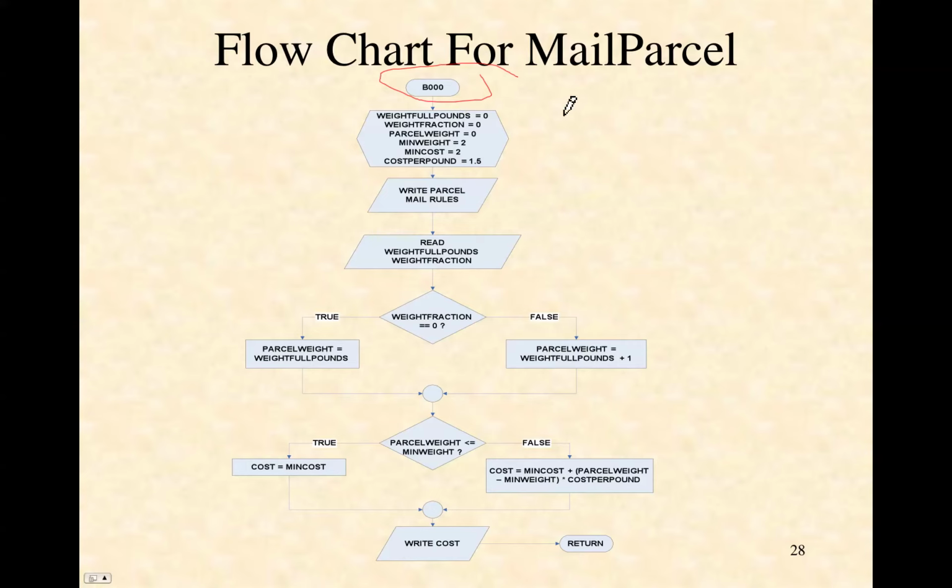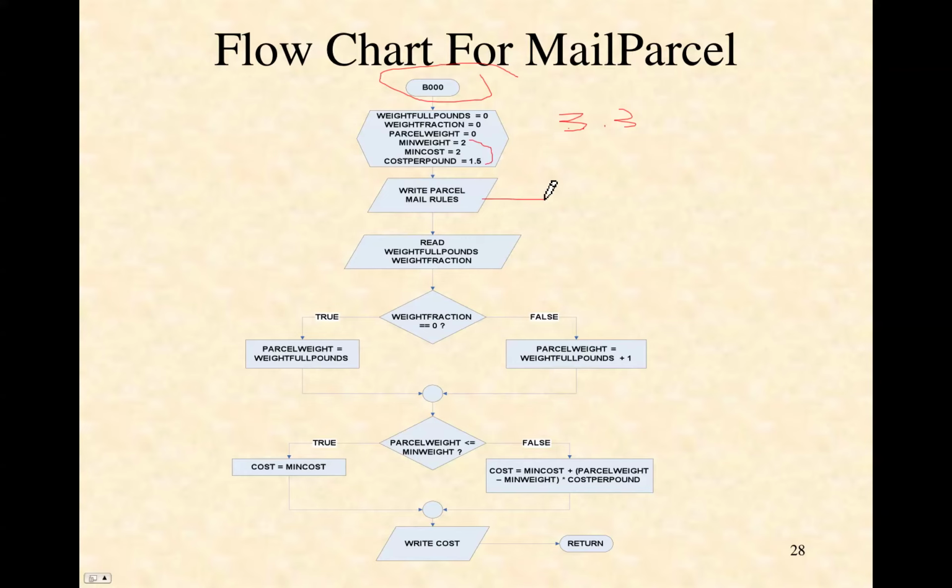So if the weight of the parcel is 3.3, then weight full pounds will be 3 and weight fraction will be 0.3. And then we have a bunch of other variables: parcel weight, minimum weight is 2 pounds, minimum cost is $2, and cost per extra pound is 1.5. So we set those constants as well.